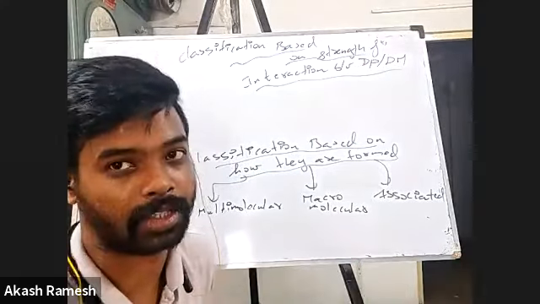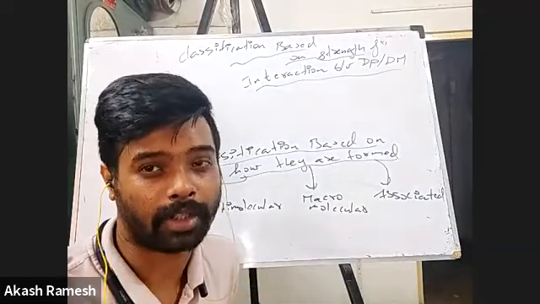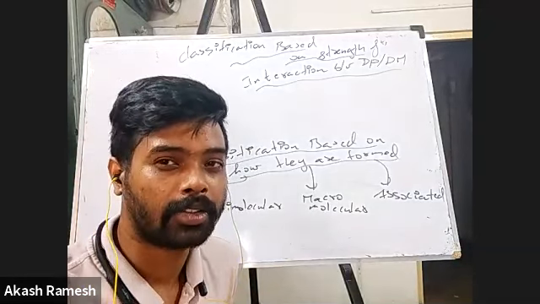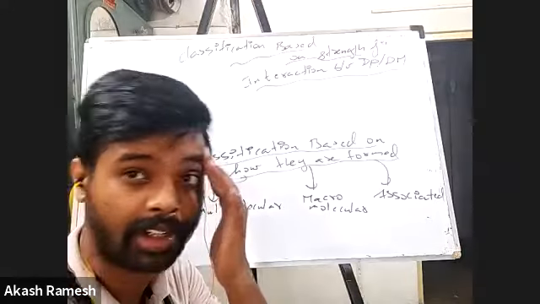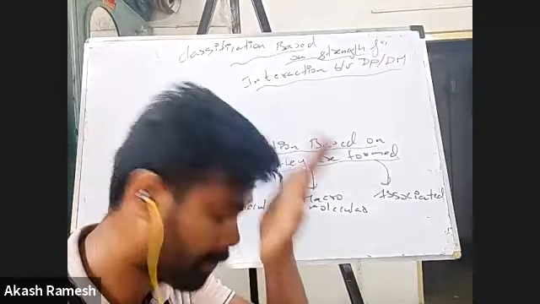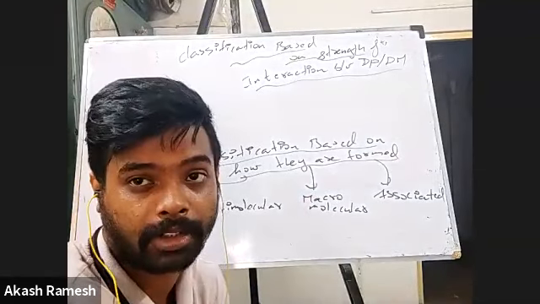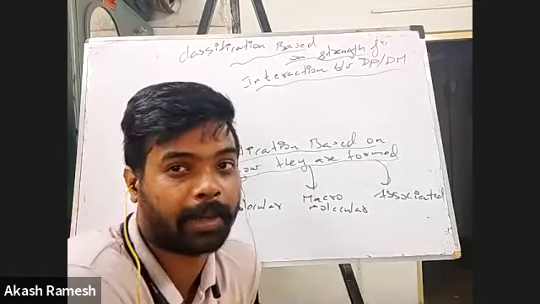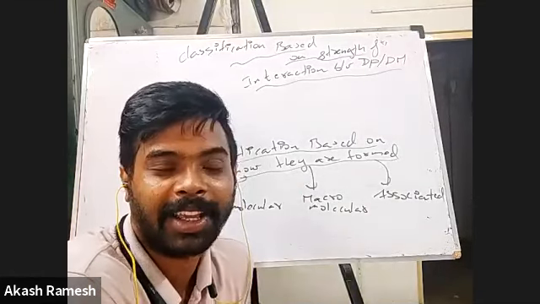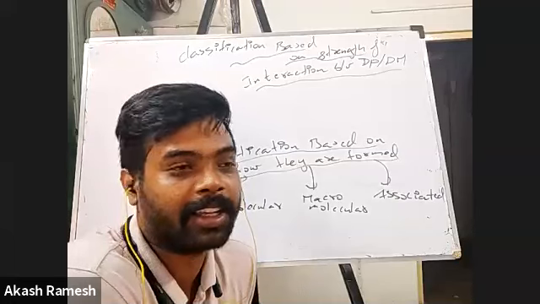This is again just for you to understand what the classification is based on. If I say that it is about the strength of interaction, there are 2 ways of looking at it. We have 2 components here: dispersed phase and dispersed medium. So there can be 2 possibilities.